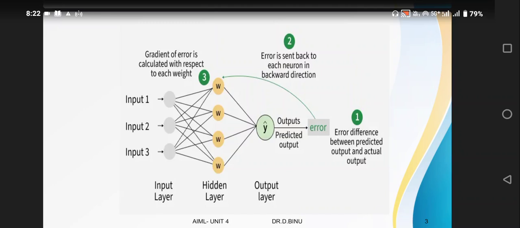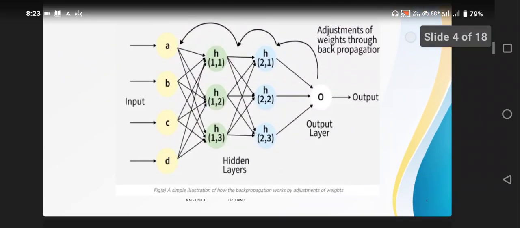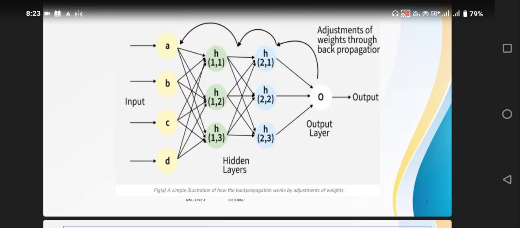Here, the gradient of error is calculated with respect to each weight. The adjustment of weights is done through backpropagation. This illustration shows how backpropagation works by adjustment of weights.